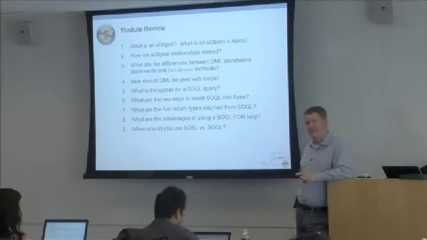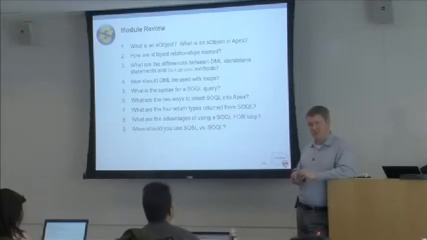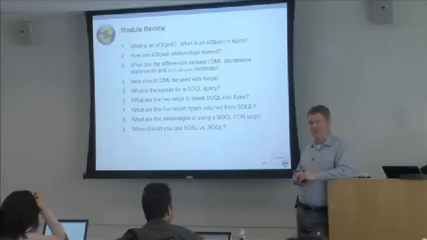What's the one situation where I said it's okay to put DML inside of a loop? There's a specific feature or syntax that I'm referring to. Yeah, so we're working with sObjects, and it's a specific type of loop.